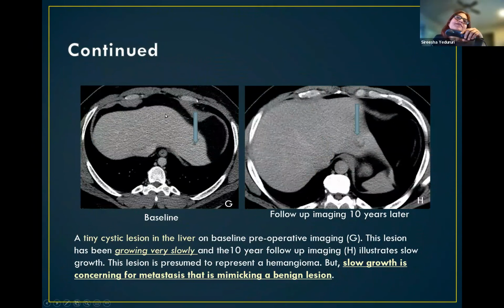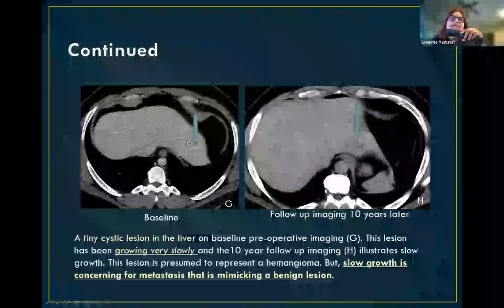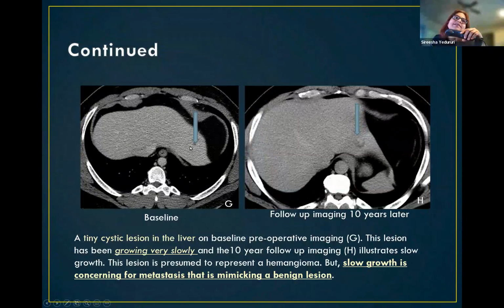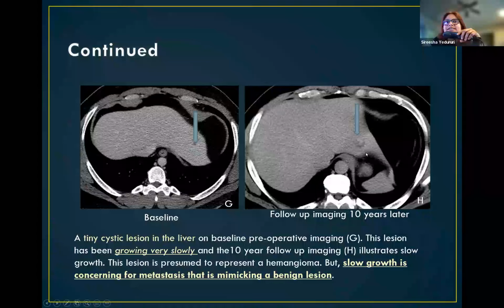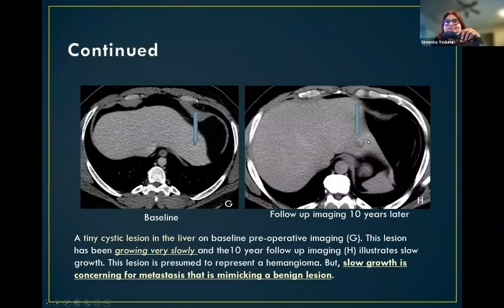And this is something I still don't know, as we don't have pathology proof of it. The same patient at baseline had a tiny cystic lesion on preoperative imaging, and it has been growing very slowly over a period of 10 years. Here is the size of the lesion. We did a functional imaging study, which did not show any uptake.